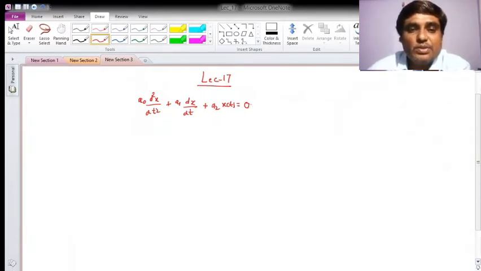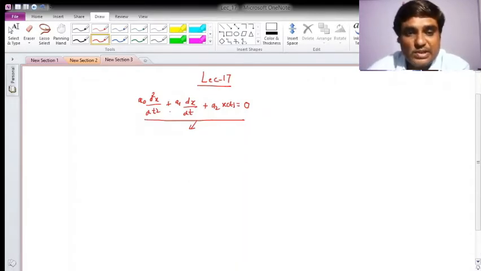Now what I am observing here is that the highest power is 2, that's why it is a second order differential equation, right? Now if I would like to find the solution for it, we have to find a solution such that, if I put the solution, its first derivative and its second derivative in this equation, the equation should become 0.